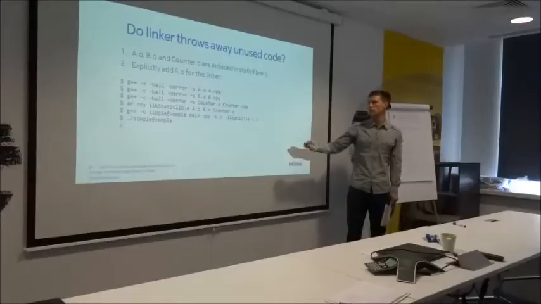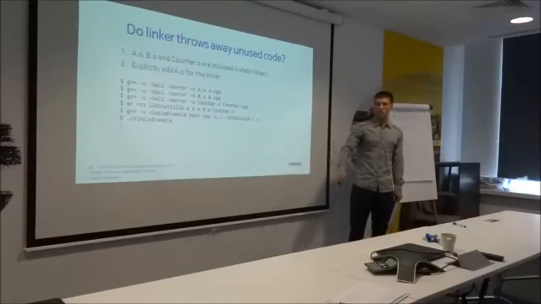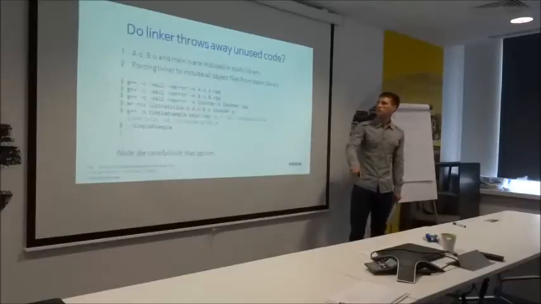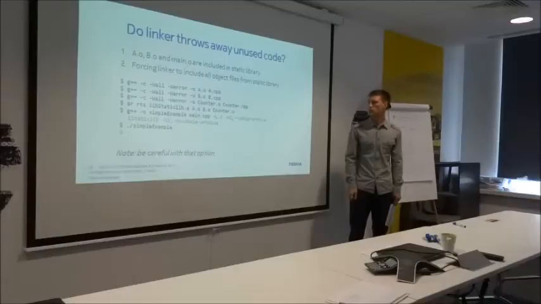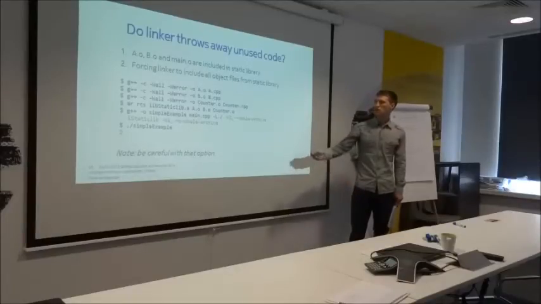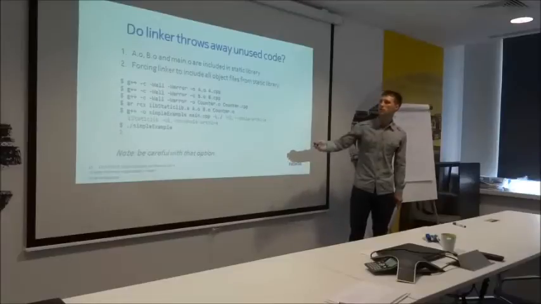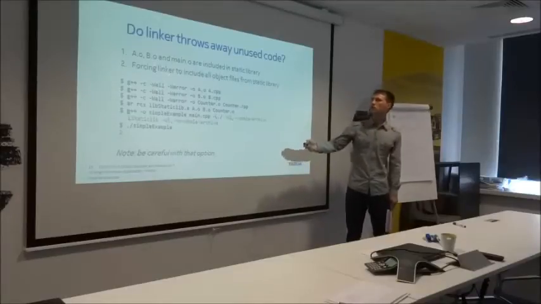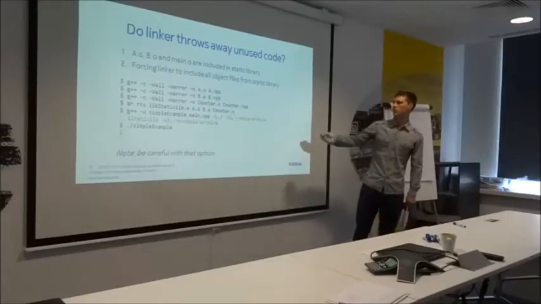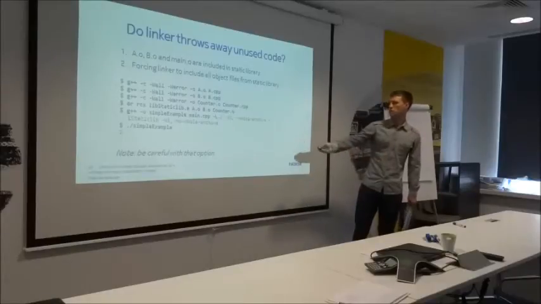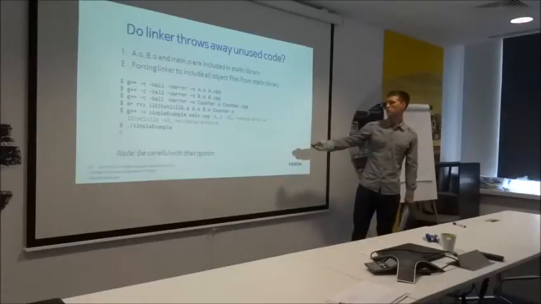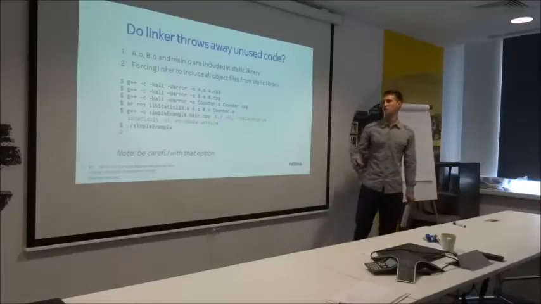And as you can guess, if we add b.o here, we will see 2. And there is a special option that forces the linker to include all object files from a static library. Really all. Please be careful with this.